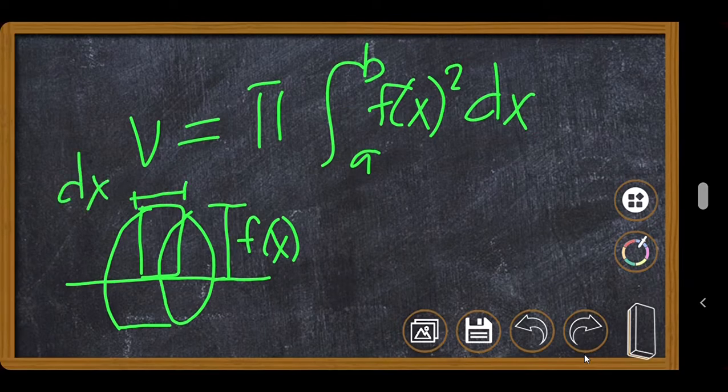That's why the differential volume is just pi f of x squared times dx, and then integrate that to sum all those volumes of those small rectangles. Okay, that's it. That's our formula for the volume of a region bounded by the function f of x evaluated from a to b. That's all.